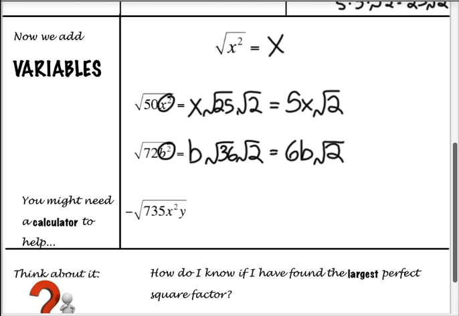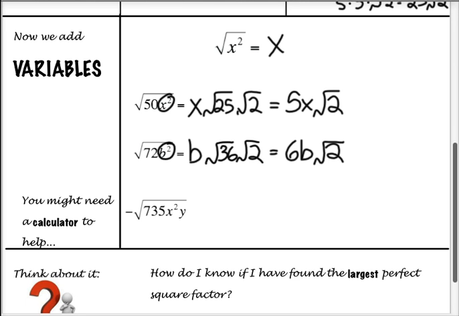Divided by 25, doesn't work. Divided by 36, doesn't work. Divided by 49, oh, there we go. I found one. 735 divided by 49 gives me 15.